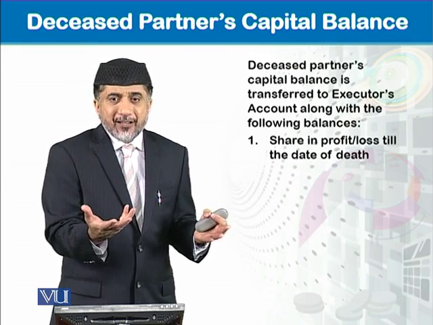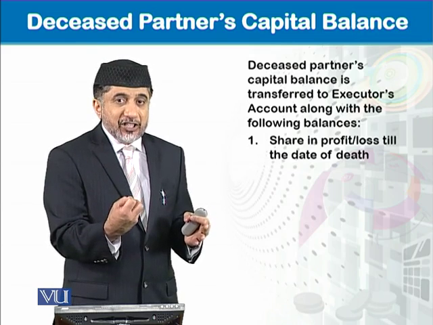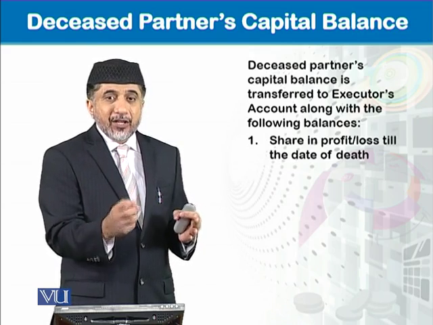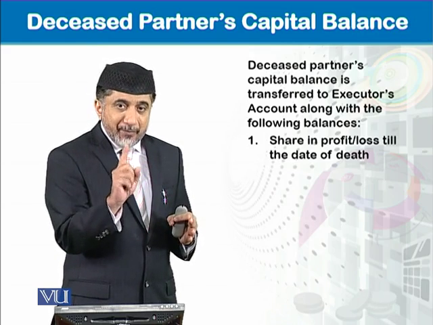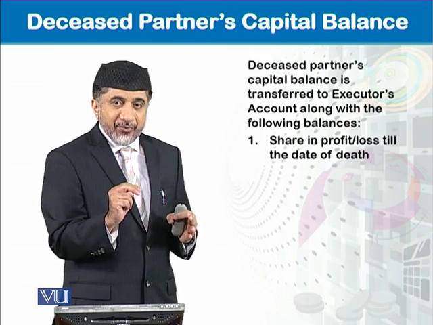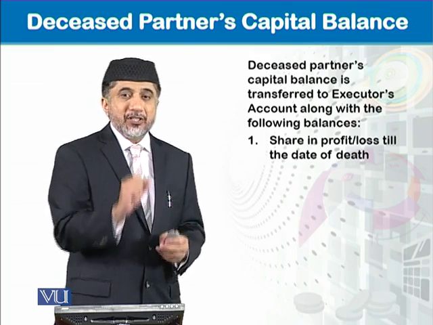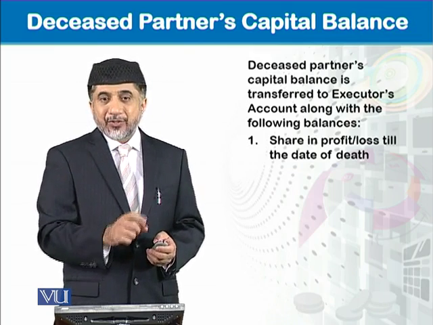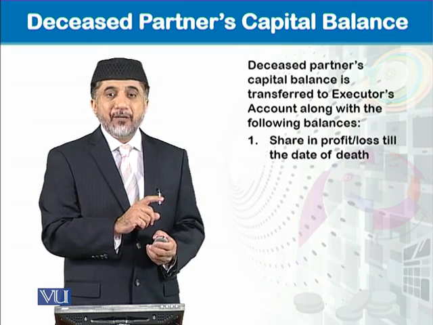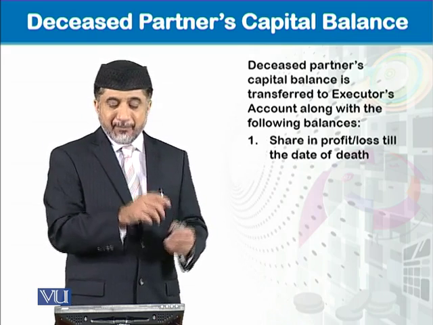Obviously, it's logical. If the deceased partner's share is 3/5, the 4 months' profit is calculated first and multiplied by 3/5, giving the share of the deceased partner in those 4 months' profits. The executor's account will be credited with that share in profit for that period.